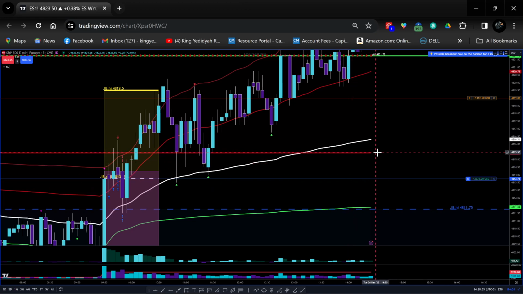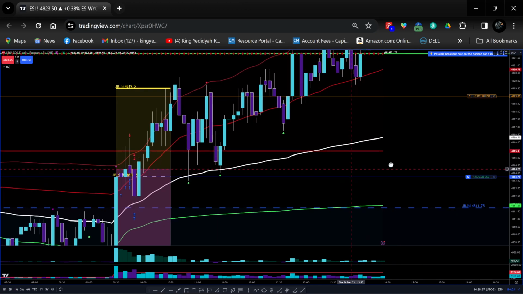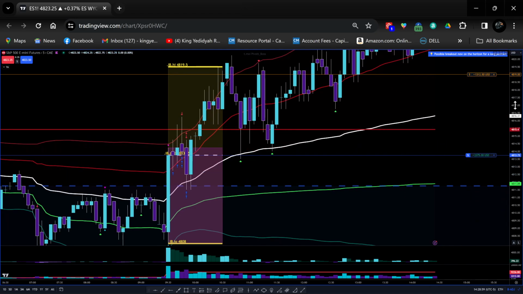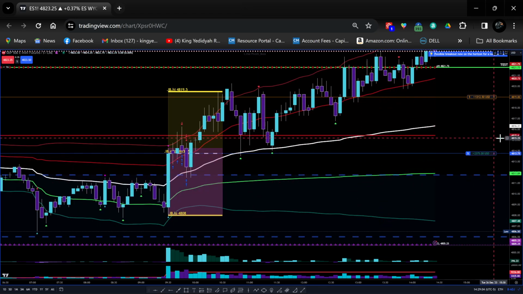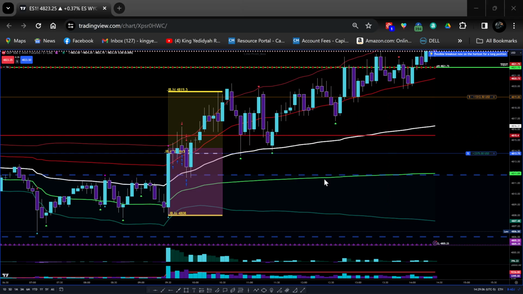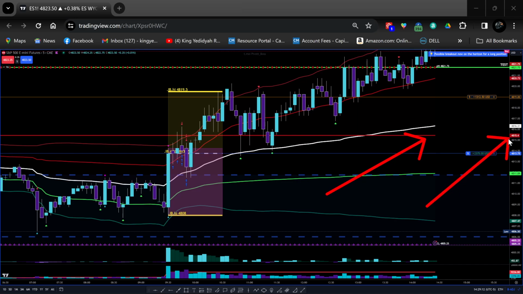I don't know why it's doing that, but I guess it's being a little more precise. That's Camarilla R3 right there, the level at 4815.40, right?